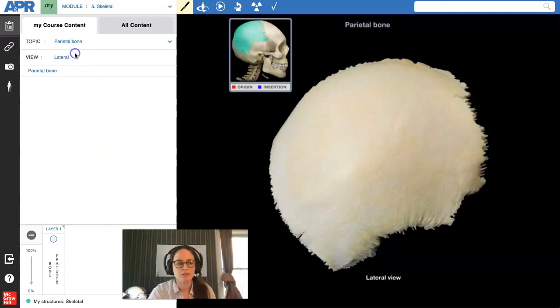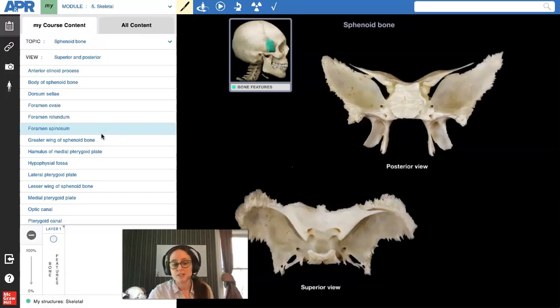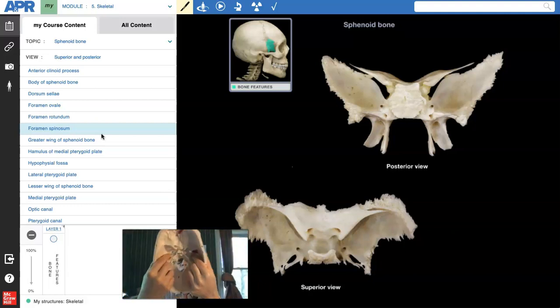The sphenoid bone is one of my personal favorites. I just love the sphenoid bone. It's so pretty. I did show you the sphenoid bone inside the cranial cavity. So again, you take off the crown of the skull, you look inside of the head, and you end up with some of those little foramina in there.